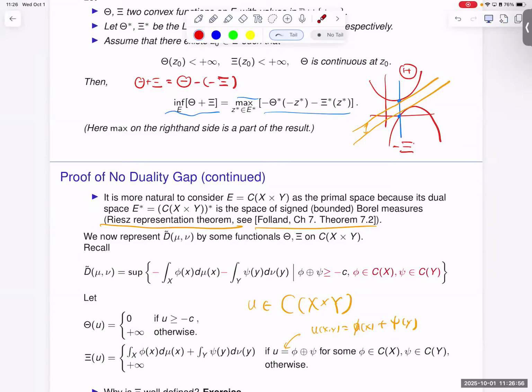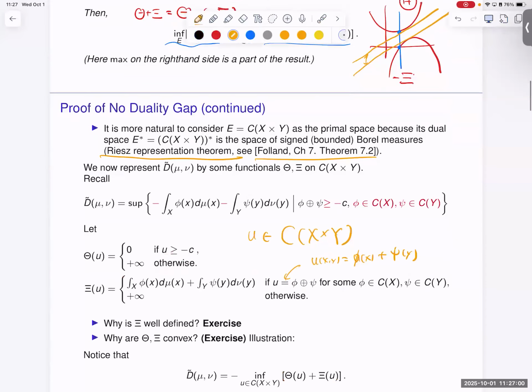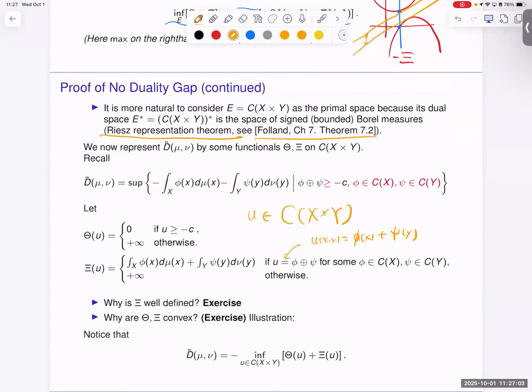So the actual problem you just put as this phi plus psi, sorry, theta plus psi. Even though it does not have any constraint itself, those u's giving the infimum values will automatically satisfy such a constraint because of this infinite penalty. Okay, am I making sense here?